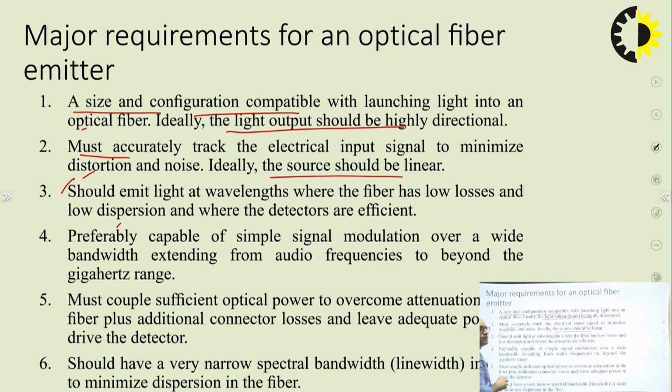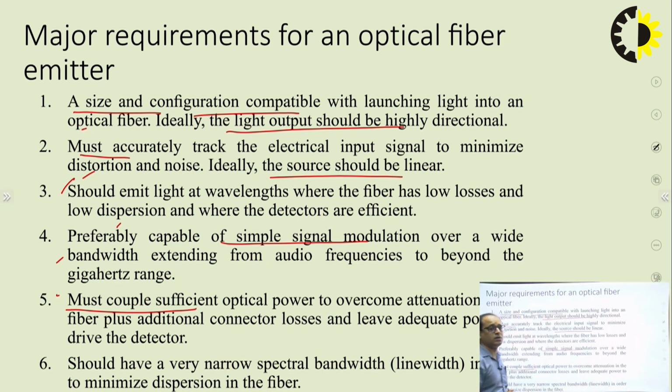We always prefer an optical source which can be used for simple signal modulation over a wide bandwidth. The optical source must couple sufficient optical power into the optical fiber cable, so it should have a high coupling efficiency.